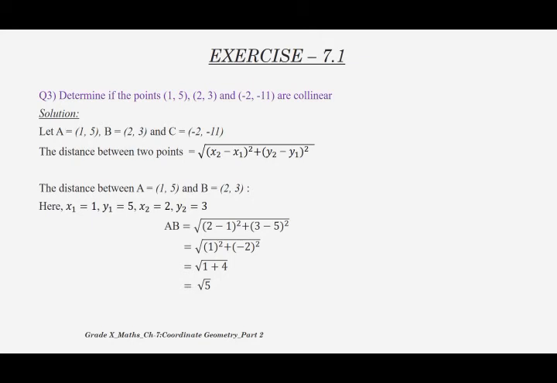First, we'll name the points as A, B and C. Then we have to write the distance formula and find the distance between the points A and B. You can solve it directly by substituting, but if you have confusion, it's better to list out what is x1, y1, x2, y2 so that you will not make any mistake while substituting.